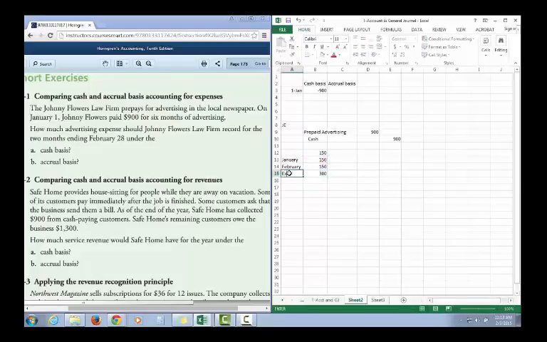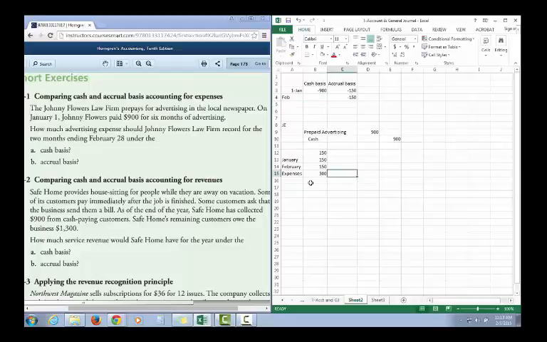So under the accrual method, we've got 300 in expenses. So in total, on the cash basis, we're going to recognize all that 900, and with the accrual method, we're going to recognize $300 of the expense, okay?